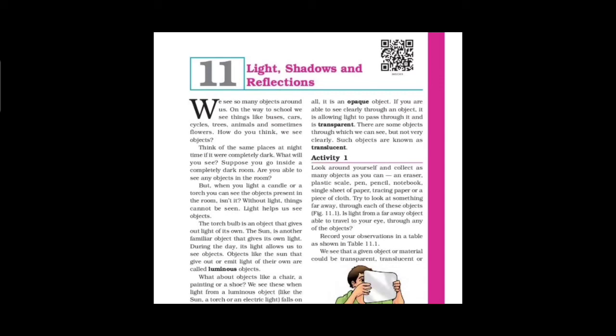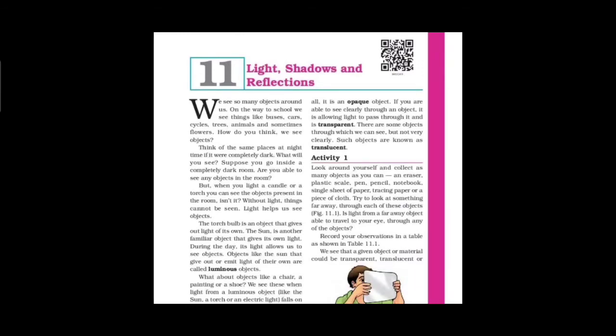Opaque object. If we place an object and look at the other side, it may not be visible. If we cannot see through the object, it is an opaque object. Okay.